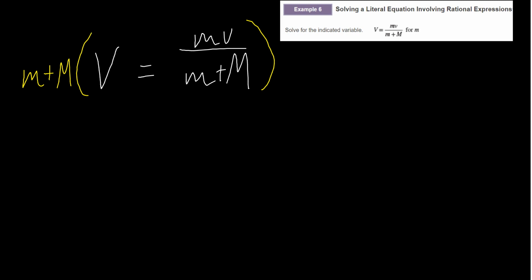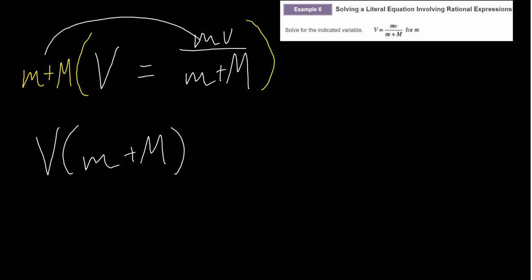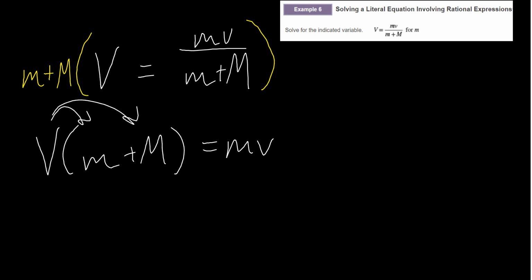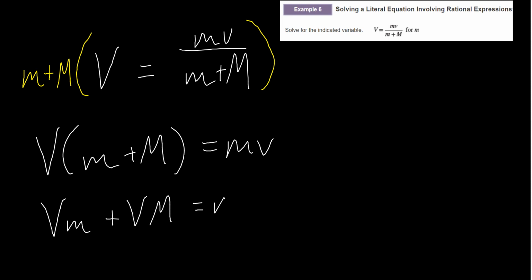It becomes big V times m plus M, like so. And then on the right side, we cancel with the denominator, so we're just left with mv. Then we distribute this big V here, so we have V times little m plus V times big M is equal to mv.